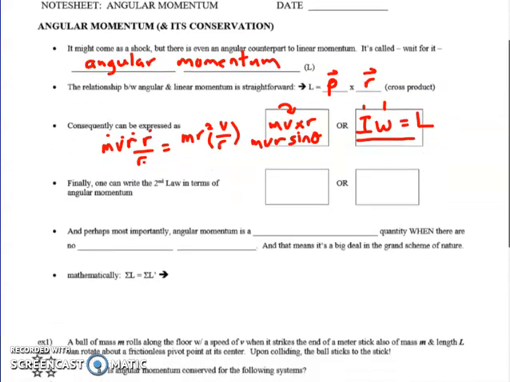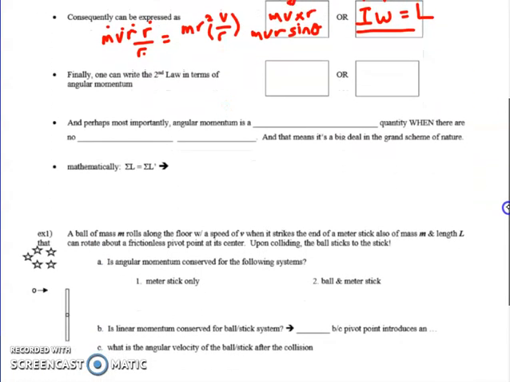Okay, as such, we can write the second law of motion in terms of angular momentum. The second law of motion in terms of linear momentum, remember, is F is the rate of change of momentum. So rather than F, we're going to call it torque, right? Tau is equal to the rate of change of angular momentum.